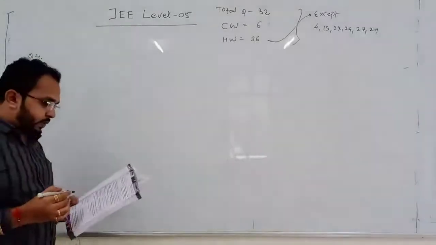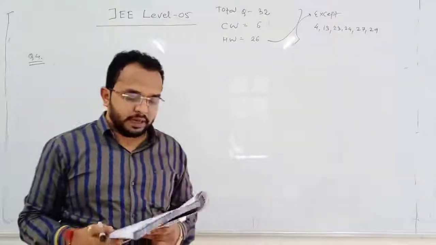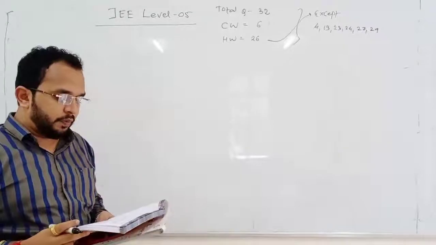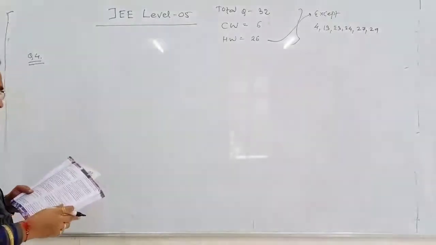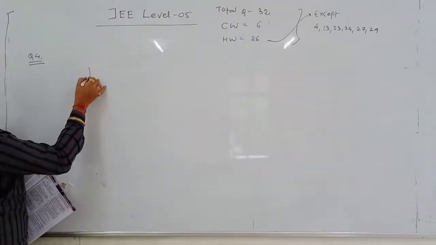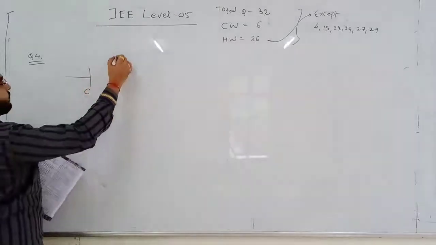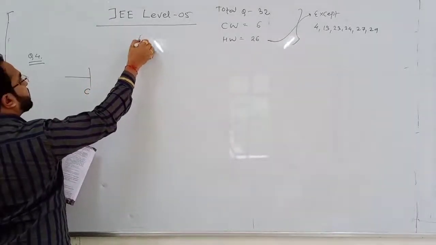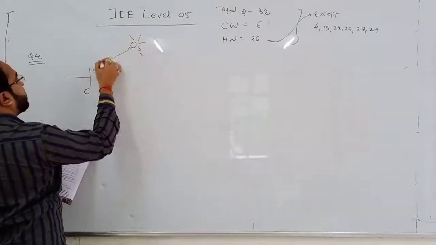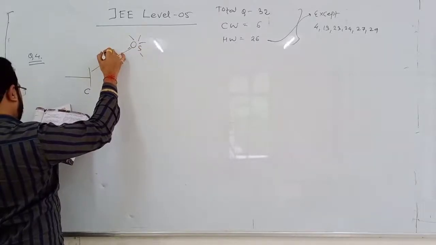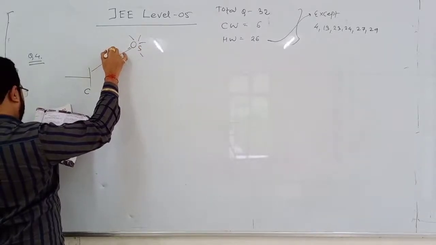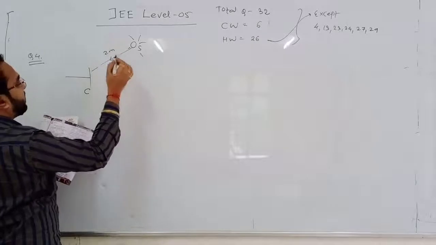A small plate of metal is placed at a distance of 2 meters from a monochromatic source. So this plate, that is emitter, here it is a source. This distance is 2 meters. Actually we don't need this distance.